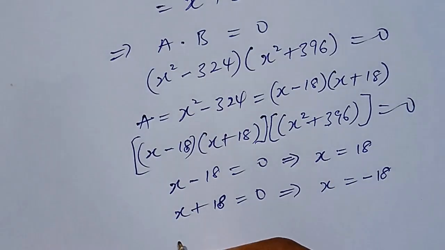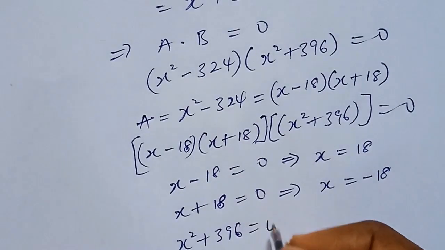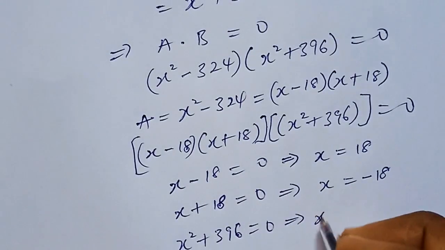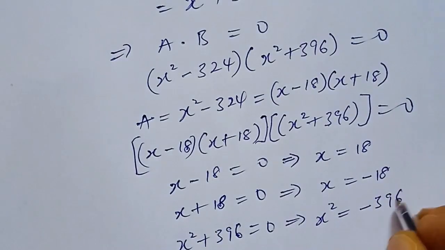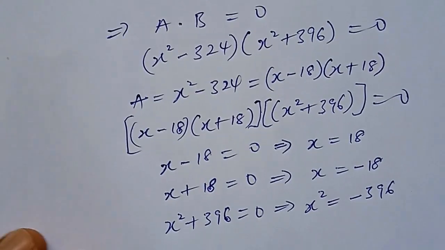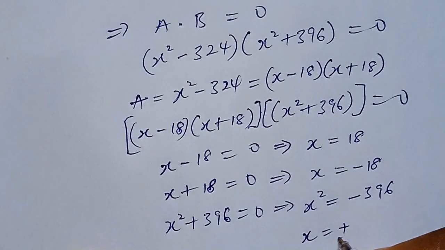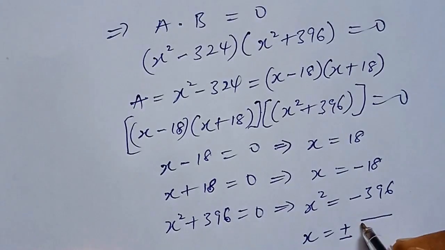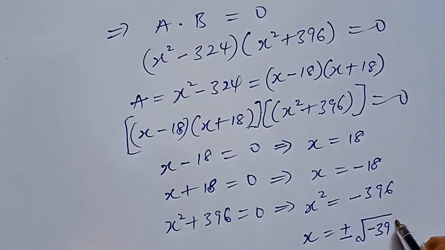From this expression, we need to find the value of x as well. So we have x raised to the power 2 plus 396 equals 0. This implies that x squared equals minus 396, and that gives us x equals plus or minus the square root of minus 396.